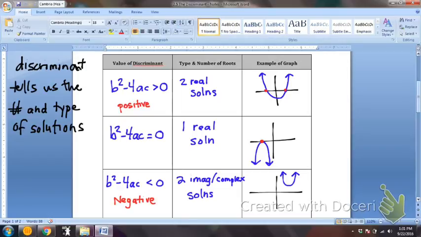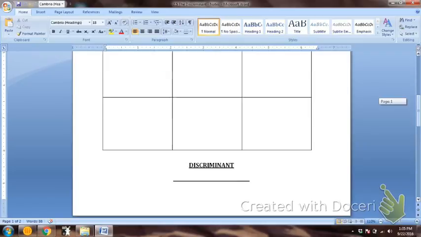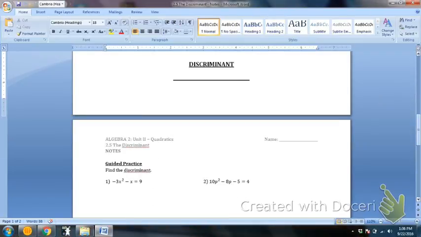Okay, so down there at the bottom where it says discriminant, let's go ahead and put the formula for the discriminant right there. The formula for the discriminant is just b squared minus 4ac. There is no square root above it, just b squared minus 4ac. That's all you're doing.